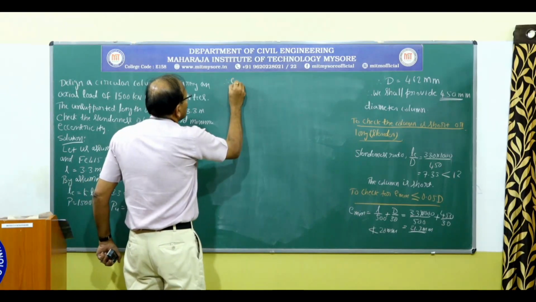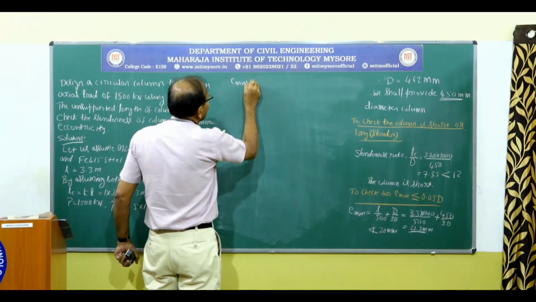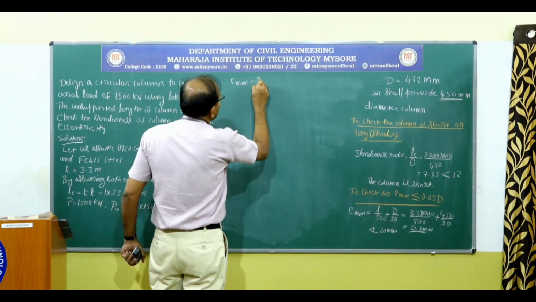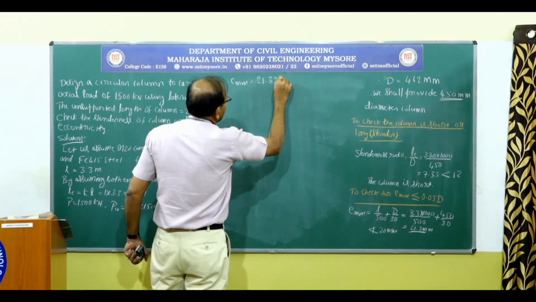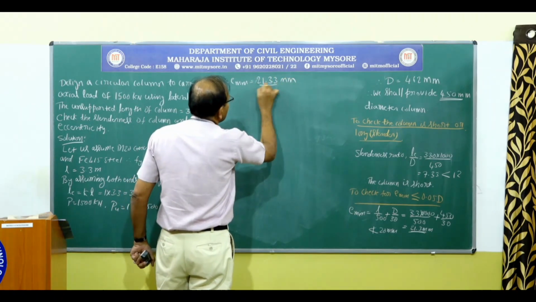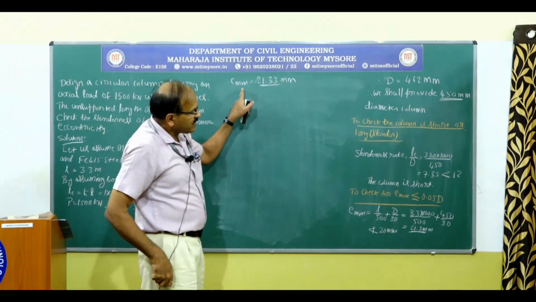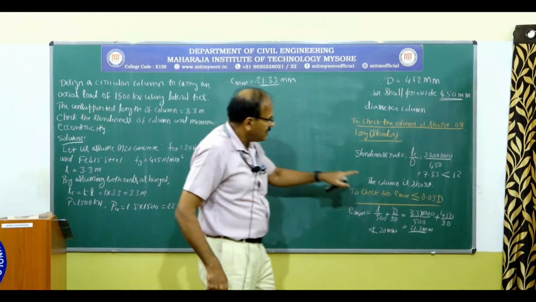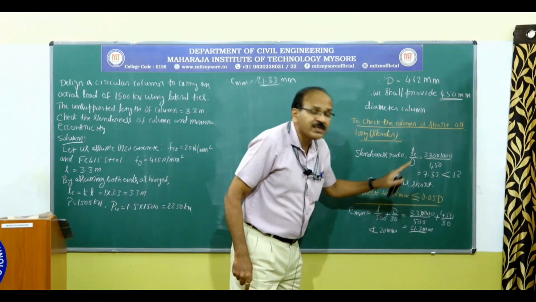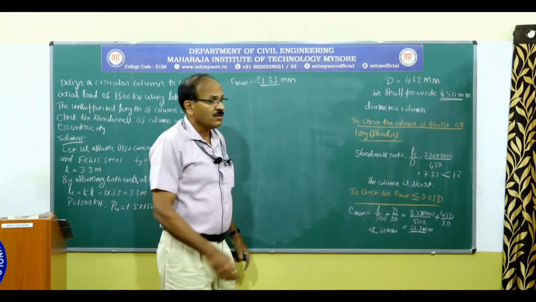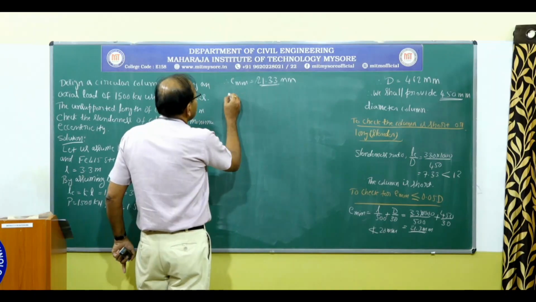Therefore, E minimum equal to 21.33 millimeter. So once E minimum is calculated, we have to check whether this condition is satisfied or not. So we know E minimum.